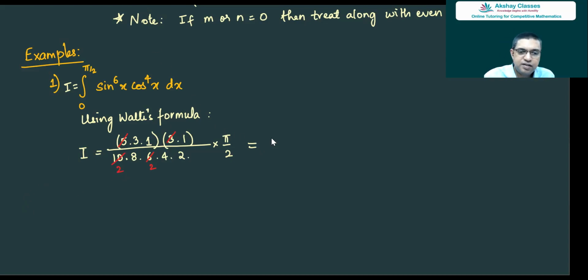So we are left with 3 pi upon 8 into 64 into 2, 128. 8 into 64 is 512 in the end.